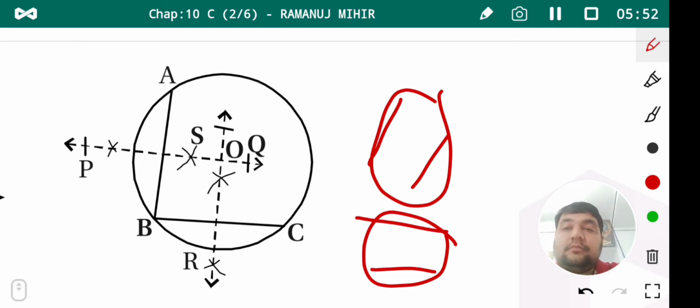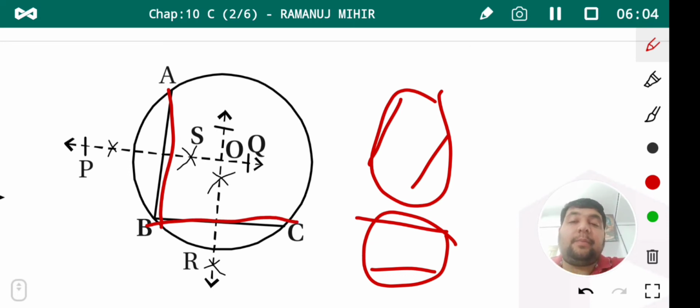Okay, so now we have drawn two chords. The first chord is AB and the second chord is BC. Now if we are able to draw the perpendicular bisector of both chords, and there is a common point between both perpendicular bisectors, see what will happen.